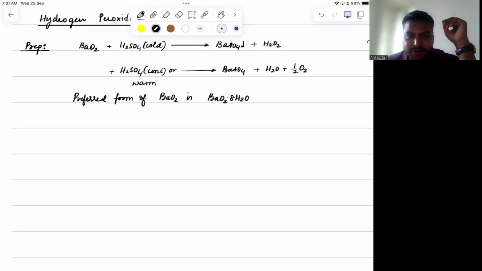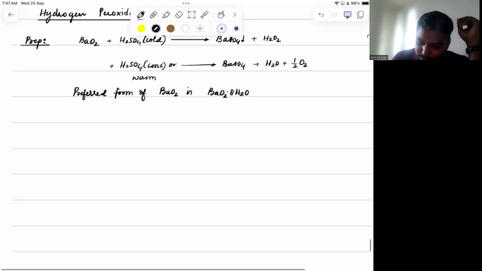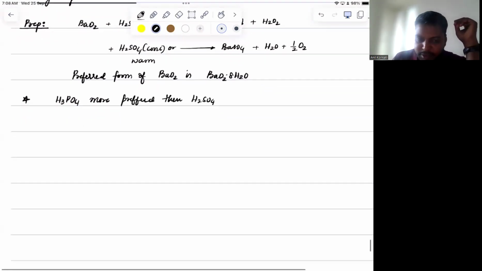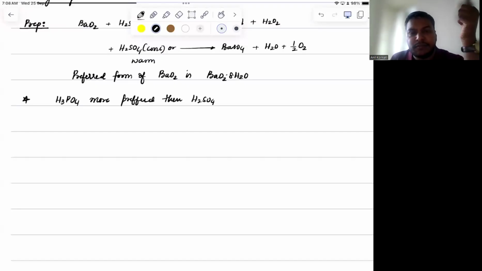That's why this is the more preferred way. Second thing is H3PO4 is relatively more preferred than H2SO4. Barium phosphate is also insoluble and there is no issue with that, and peroxide is extremely stable in phosphoric acid. Therefore, it can be used.